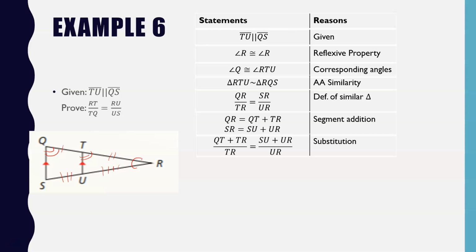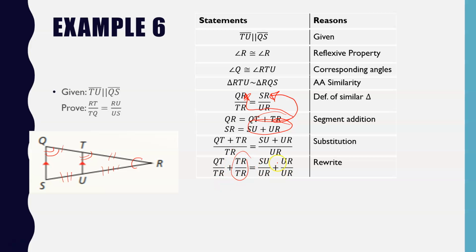Okay. Then with substitution, so what I did was I took this and I plugged in right there. And I took this and I plugged in right there. I just changed that equation. Next thing I did was I split these up into two fractions, because when I have addition on top and one denominator on the bottom, I can split it up so each top piece gets its own denominator.